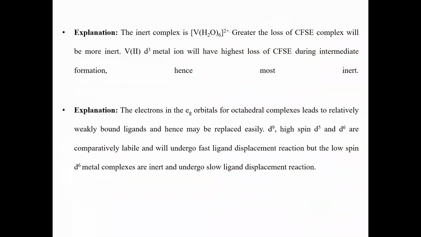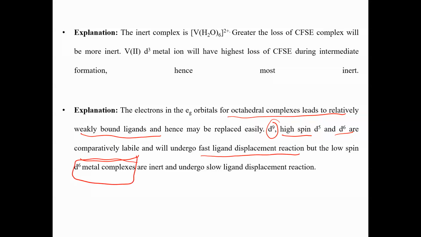The electrons in the eg orbitals of octahedral complexes lead to relatively weakly bound ligands, which may be easily replaced. So d9, high spin d5 and d6 are comparatively labile and will undergo fast ligand displacement reactions, but the low spin d6 metal complexes are inert and undergo slow displacement reactions.